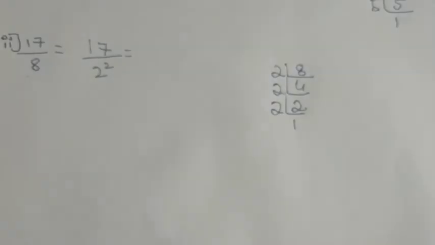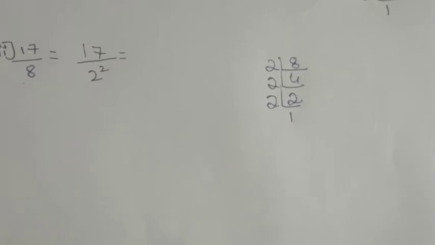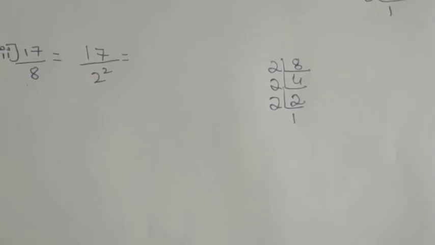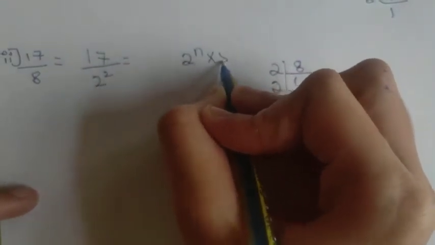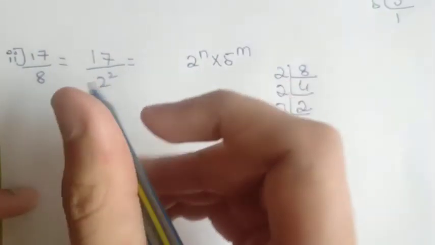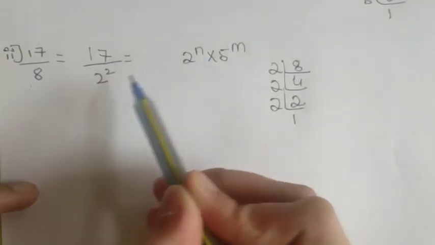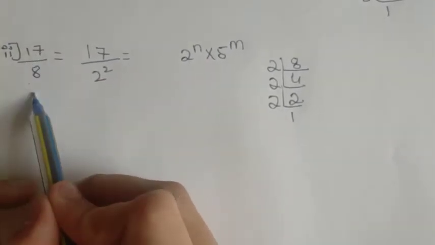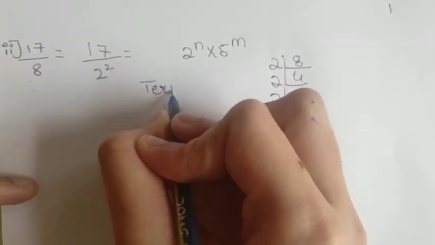Okay, now I told you that when we do the prime factorization of q, it should be of the form 2 raised to n into 5 raised to m. So here you can see that this 2 raised to 3 is of the form 2 raised to n. So we can say that 17 by 8 is a terminating number.